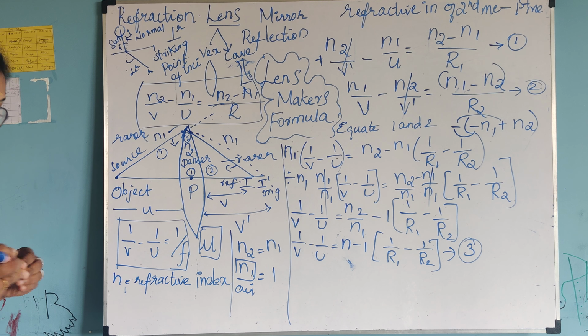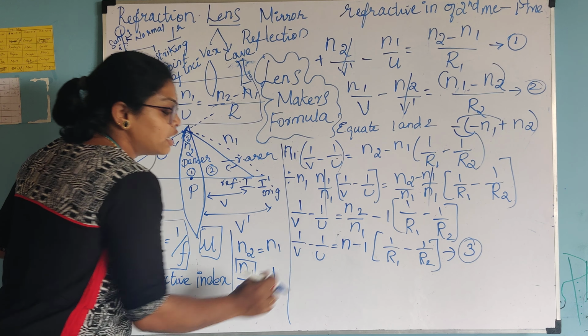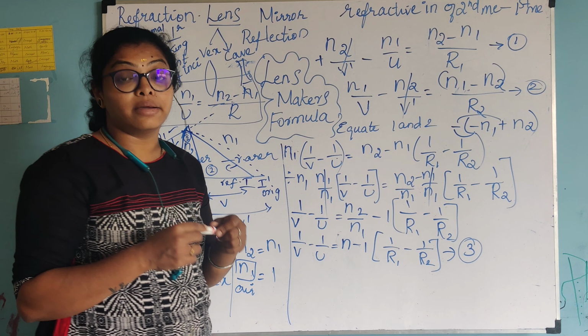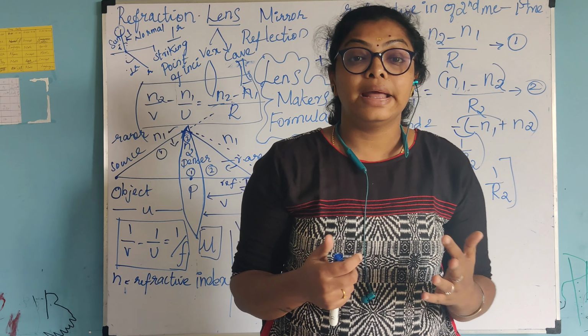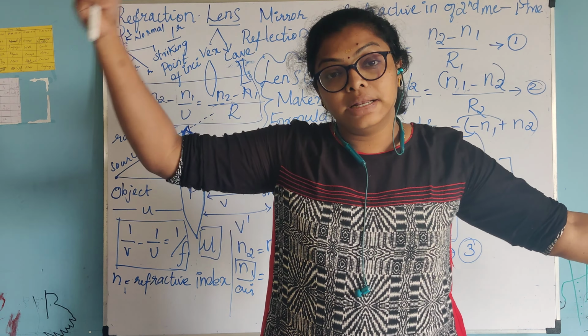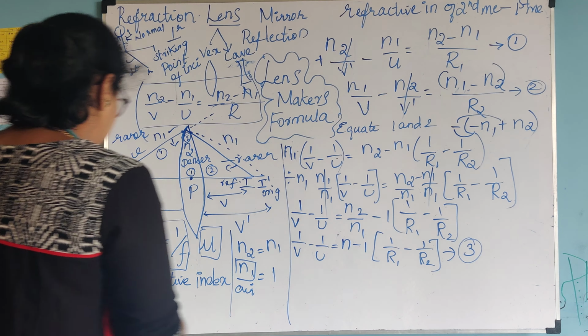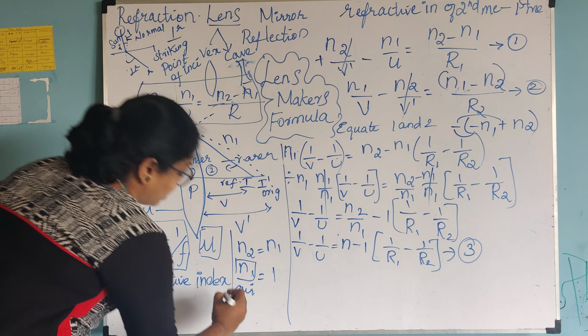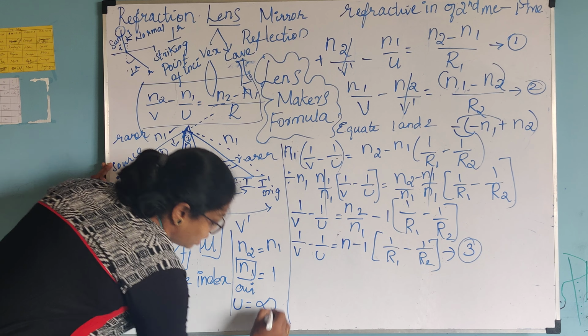Clear? Next step, we are going to give a value. You would have read about ray diagrams giving some conditions: if I place the object at infinity, I get the image somewhere. Same as here, we substitute U equal to infinity.